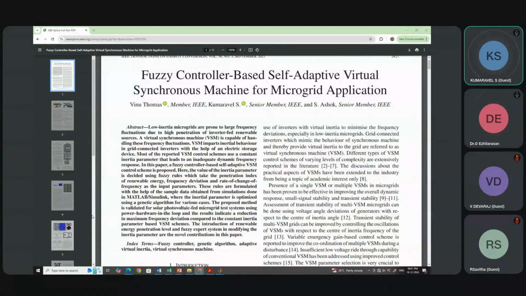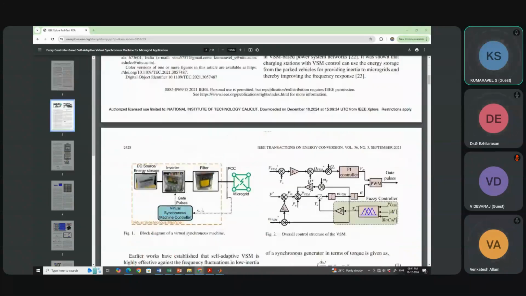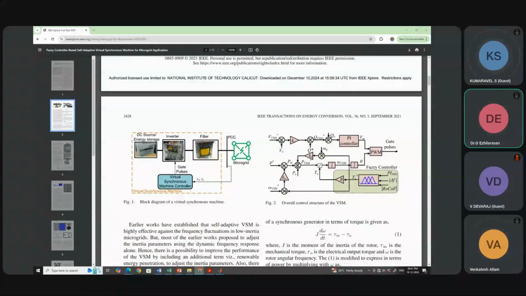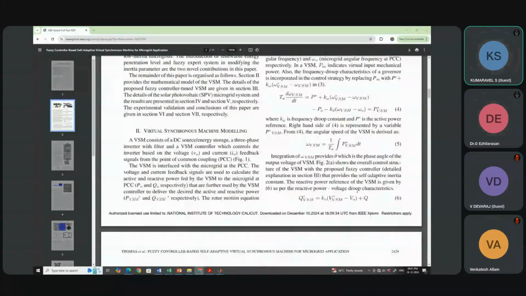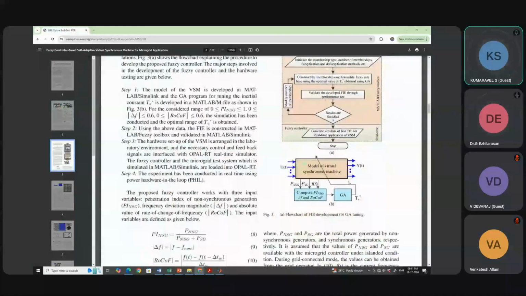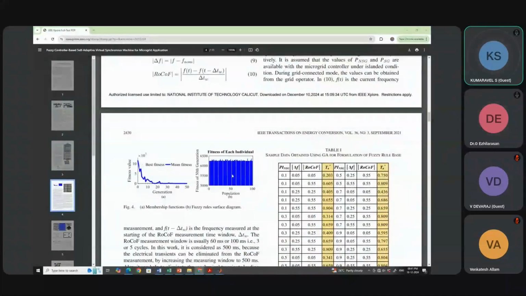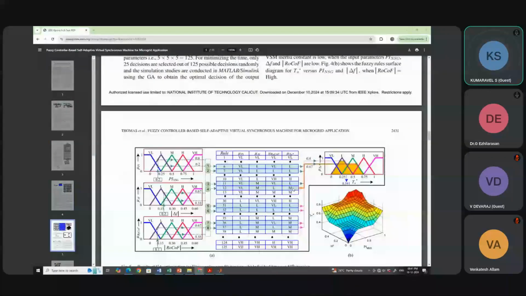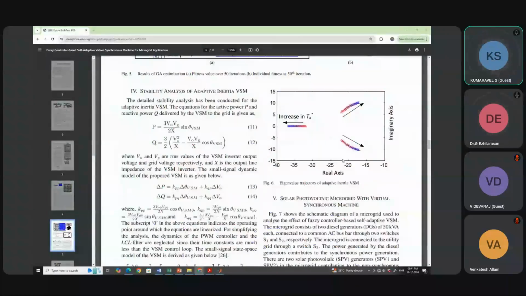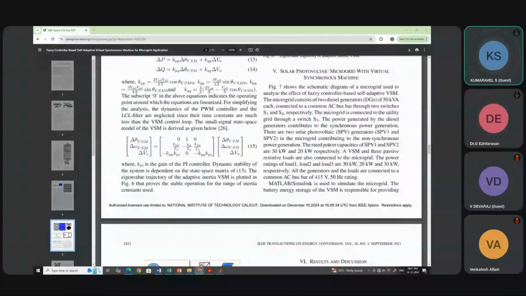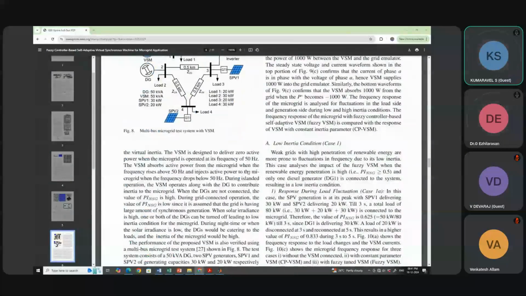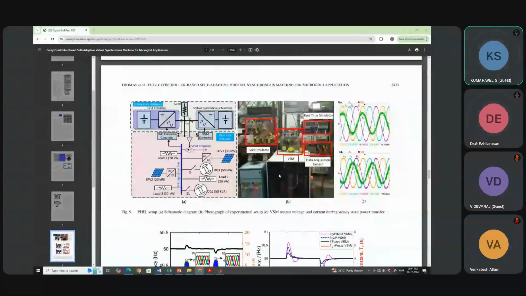In this paper, we have well explained how we use fuzzy logic and how we have modeled this fuzzy logic, genetic algorithm tuning, most of the things we have explained. Fuzzy inference engine, how the stability is improved. If you look into the paper, a typical case study, you can understand how we proved this using hardware.